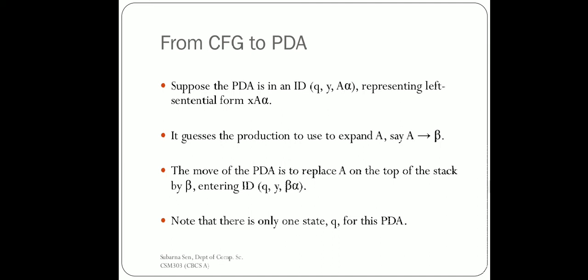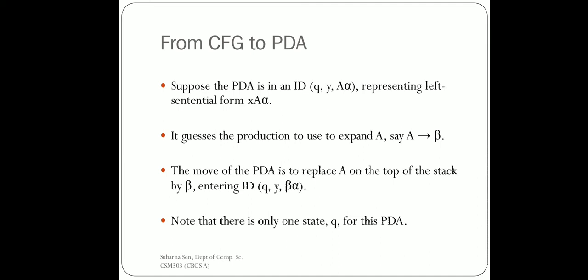So if we follow this ID pattern, as we saw in the previous slide, A is our top symbol now, so we have to expand A. Let us assume we have a production A going to beta. Our next job is to replace A with beta, and there is nothing new in it. So my new ID will be q, y, and beta alpha, where we have replaced A with beta.